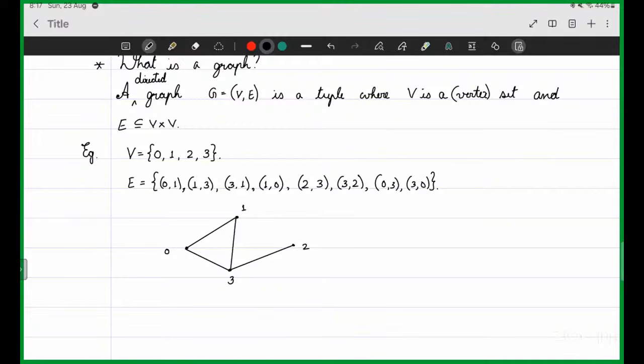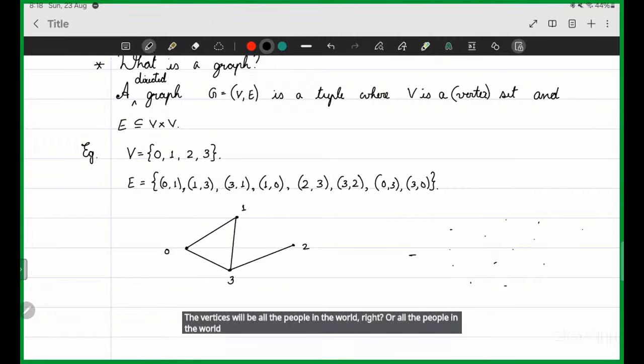Just think of it as formally writing down relationships between elements. For example, you want to list down the huge network of people and whether they are friends on a particular social media platform. So following someone on Instagram, let's say, the vertices will be all the people in the world, or all the people in the world that have Instagram accounts.